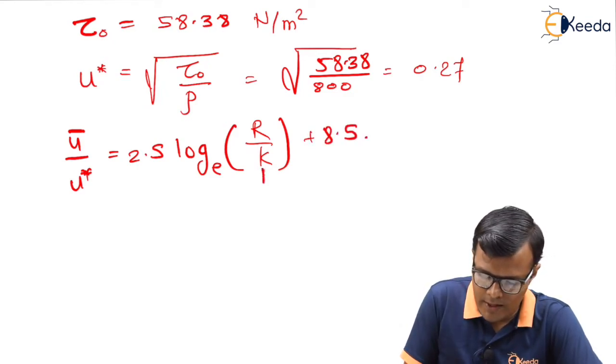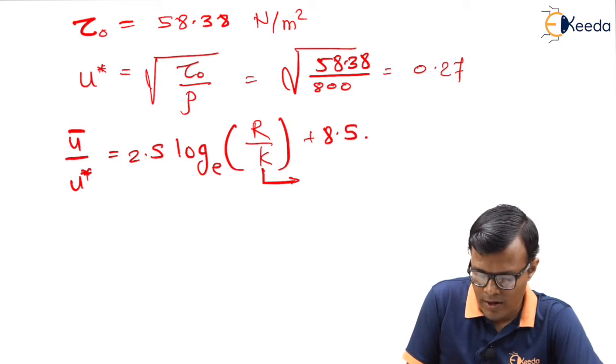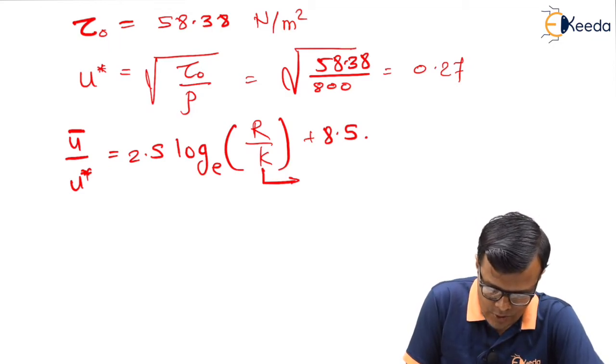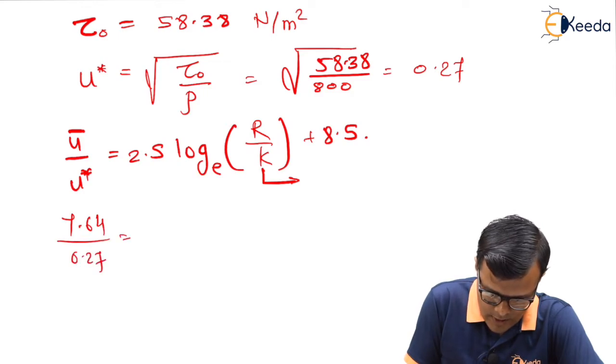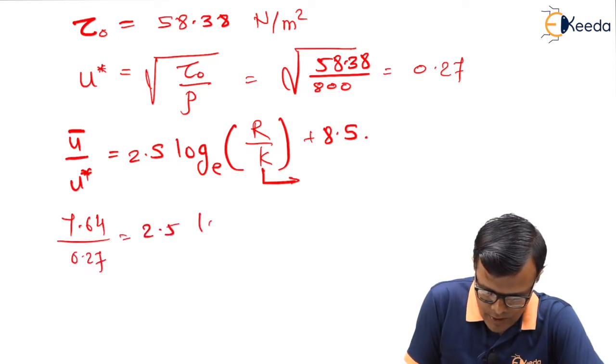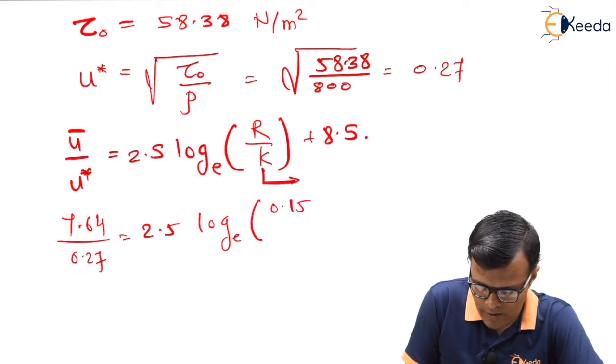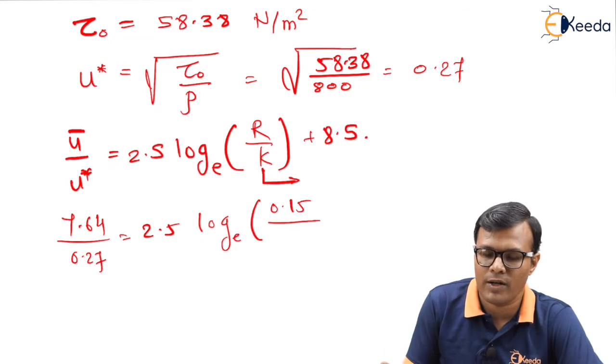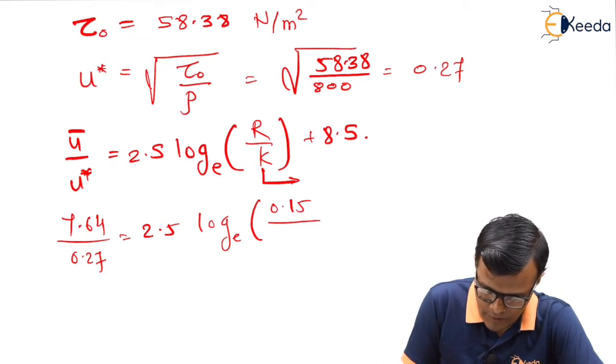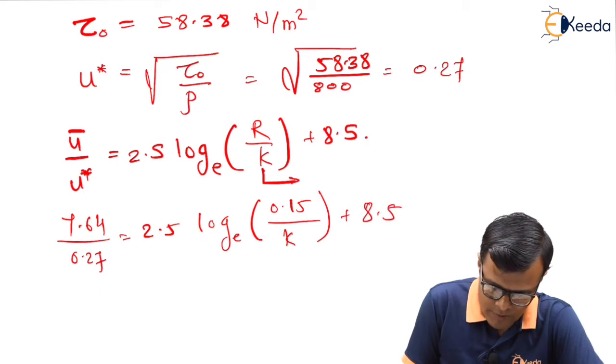Here the value of k is nothing but the height of protrusion. So 7.64 divided by 0.27 is equal to 2.5 log to the base e of R upon k plus 8.5, where R is half of the diameter 0.3, that is 0.15, and k is not known to us.